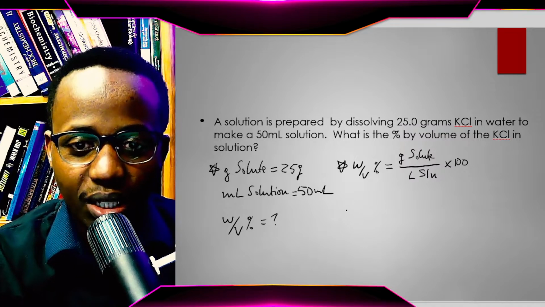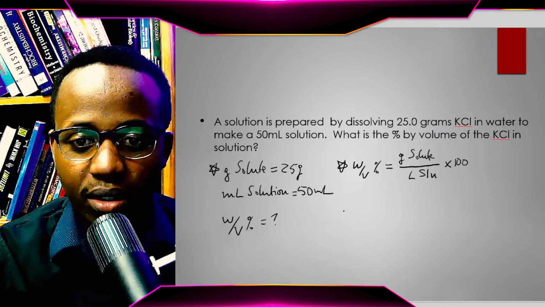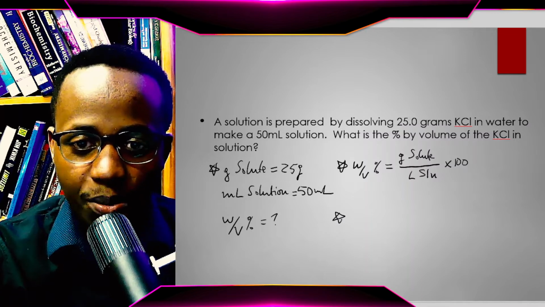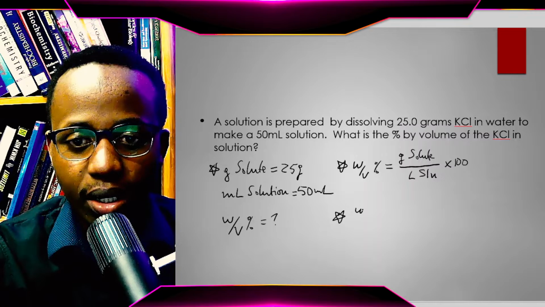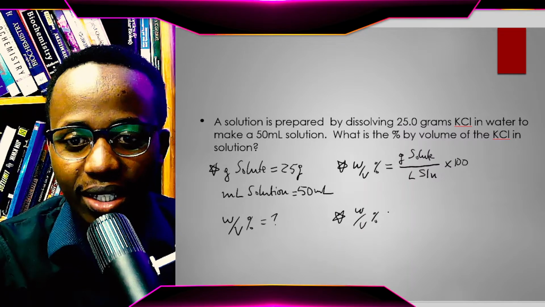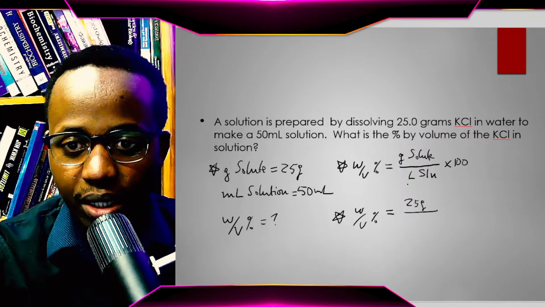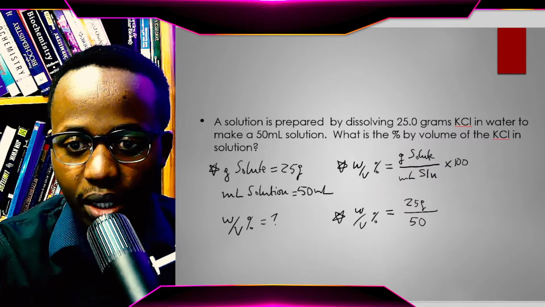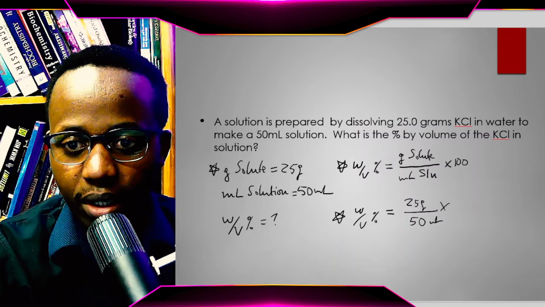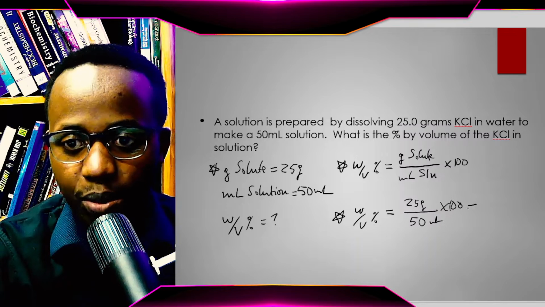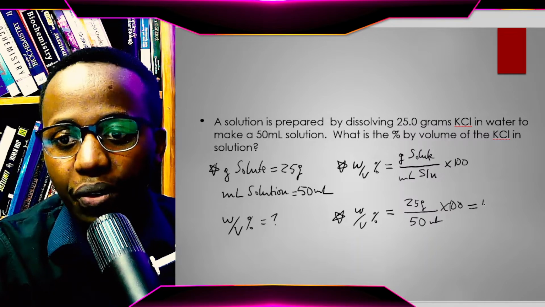Now step 3 is rearranging our formula, but we don't have to do that. We just say weight per volume percent is equal to grams of solute, which is 25 grams, over the milliliters of the solution, which is 50 ml, times 100. And this will be 50%.